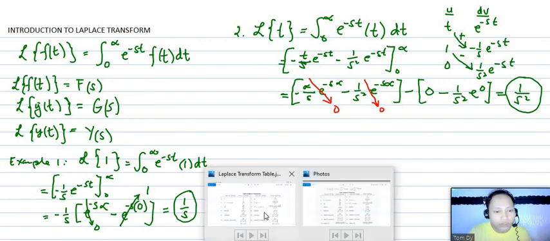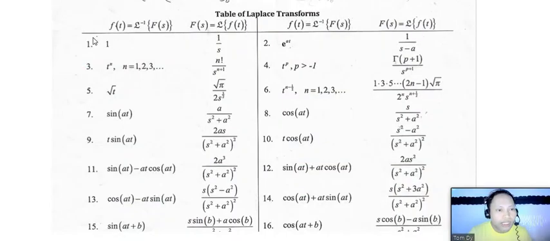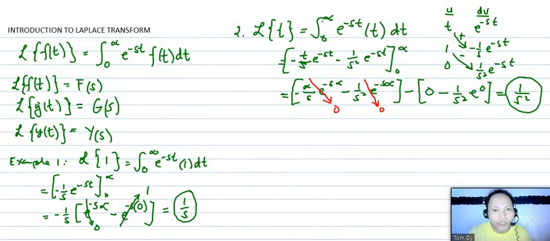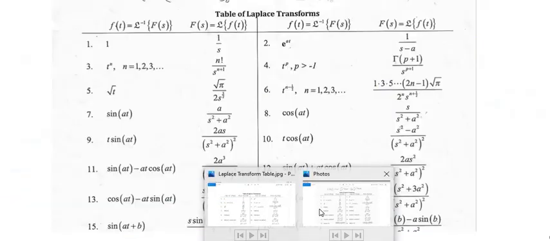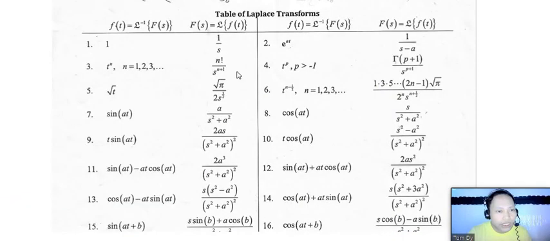If you look at the table, we have the Laplace transform of 1, this is our f of t, that is equivalent to 1 over s. Another one, in our example, the Laplace transform of t is 1 over s squared.